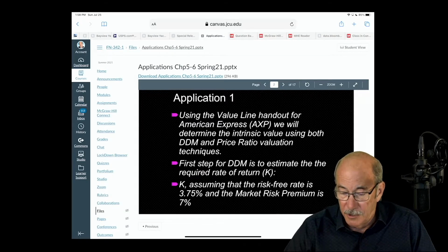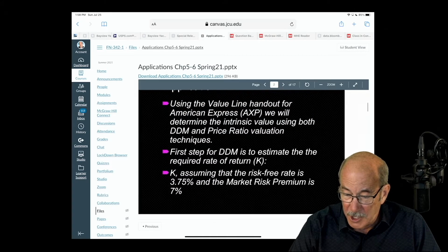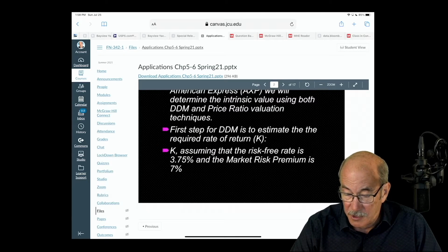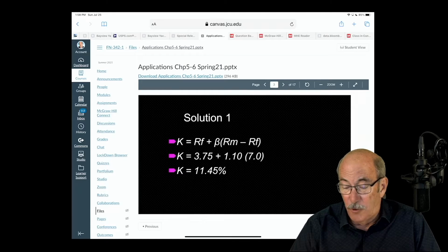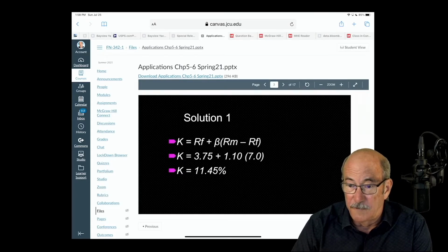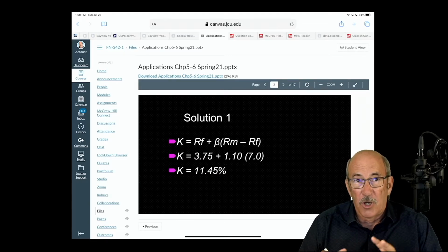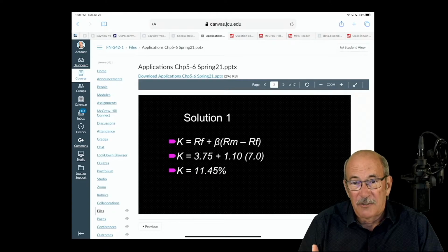Okay, so yeah, you're given information off the Value Line page. We're looking for K, assuming that the risk-free rate is 3.75% and that the market risk premium is 7%. The way this formula on the first line reads, that's what we call the market model out of the capital asset pricing model.